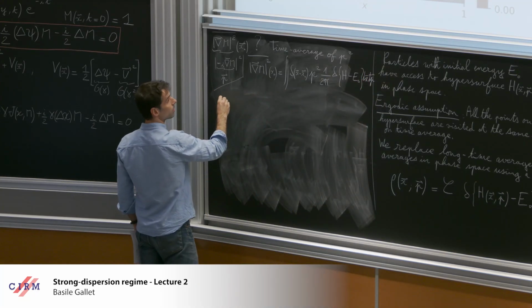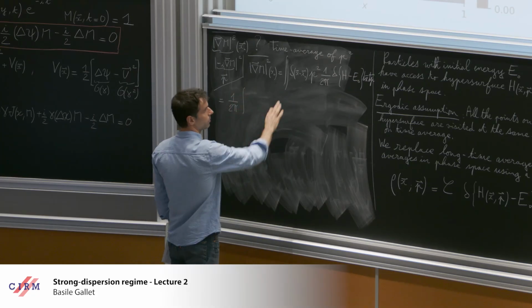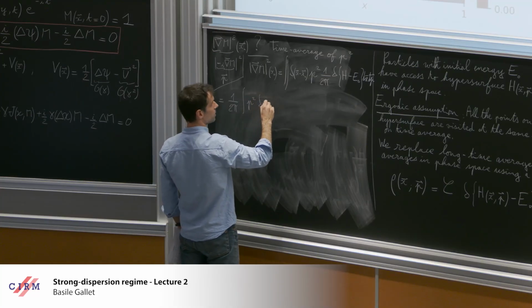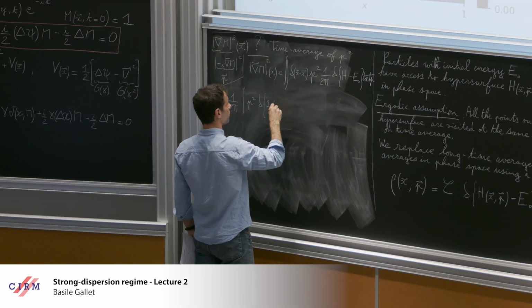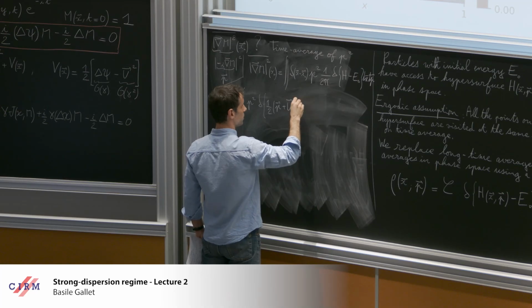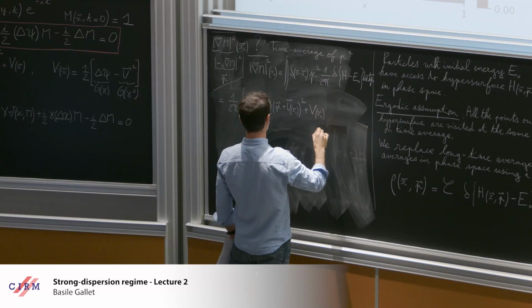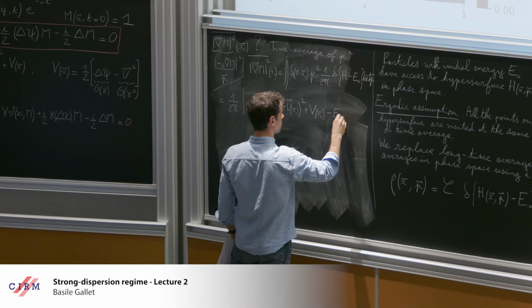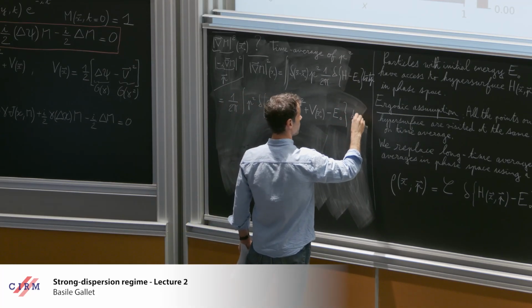So this is 1 over 2 pi, integrating over x. I have p squared delta of, what was it, 1/2 (p plus u of x0) squared plus v of x0 minus E0, dp.